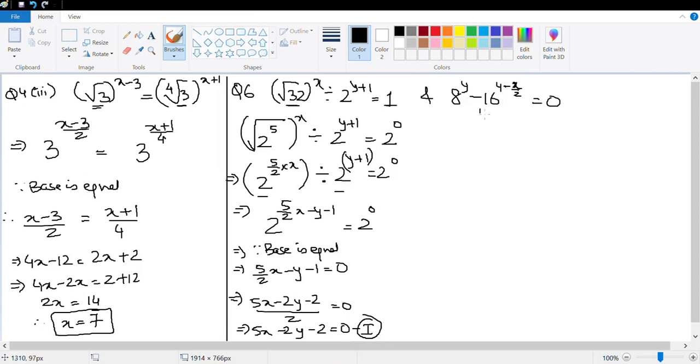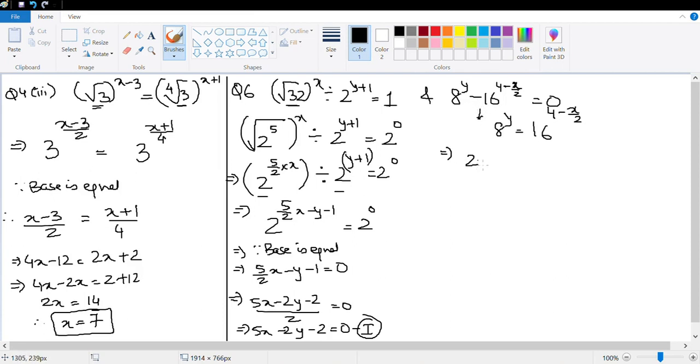Let's see what I can do here. I notice that this is base 2. Similarly, this is also base 2. So then I can write this as 8 to the power y is equal to 16 to the power (4 minus x) by 2. I took it on the other side because there is no multiplication or division sign, which means even if the bases are same, I will not be able to do much with it.